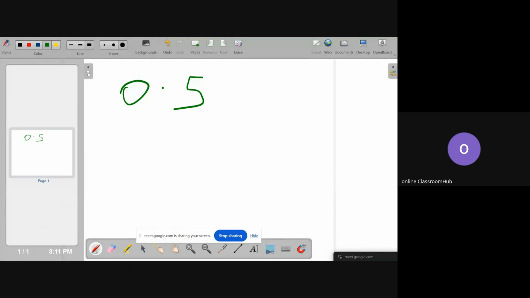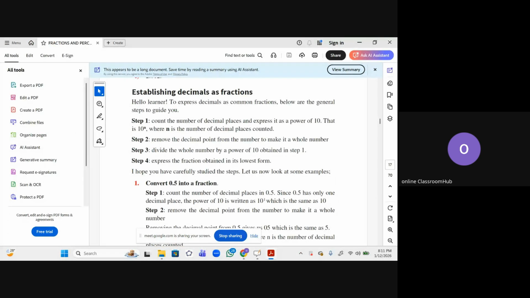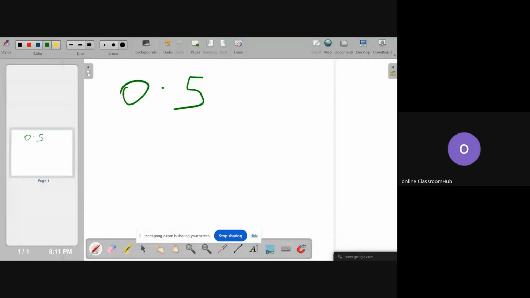The method says that we should count the number of decimal places and express it as a power of 10. How many decimal places do we have here? 1 decimal place. And also remove the point.